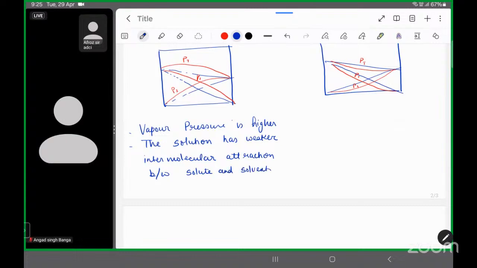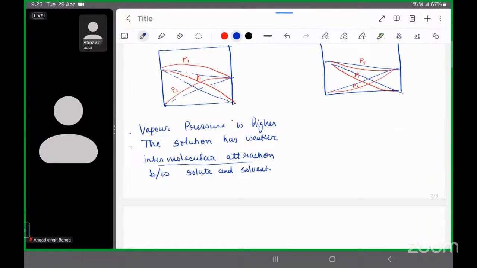It means the solution's intermolecular attraction is weaker than that of the solute and solvent. So a weaker intermolecular attraction results in easy escape. That is why they easily escape into the vapors, vapors become higher, so they exert higher vapor pressure.